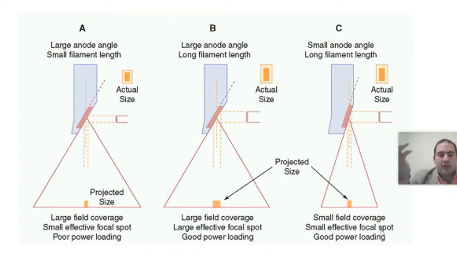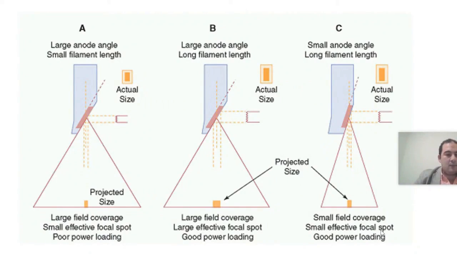If you have a problem with resistance and you use resistance, the effective focal spot size will come to mind. The smaller it gets, the better the resistance. If you use power loading, the effective focal spot size will come to mind. The larger it gets, or you choose a long filament or a short filament, the L angle will become larger.